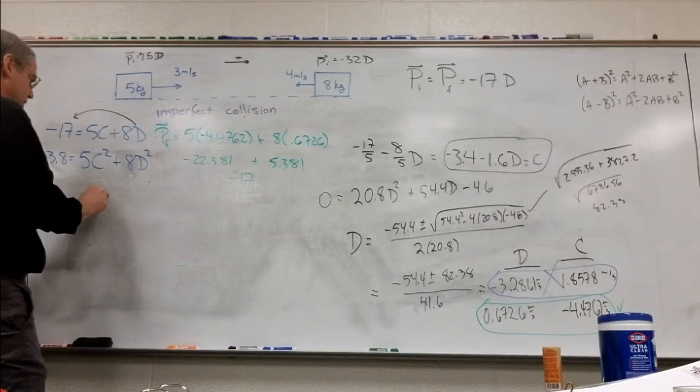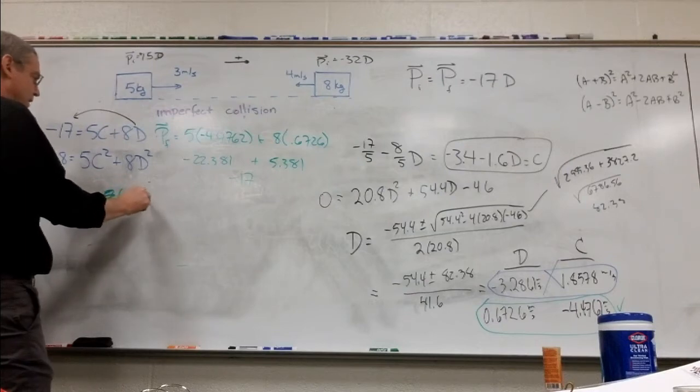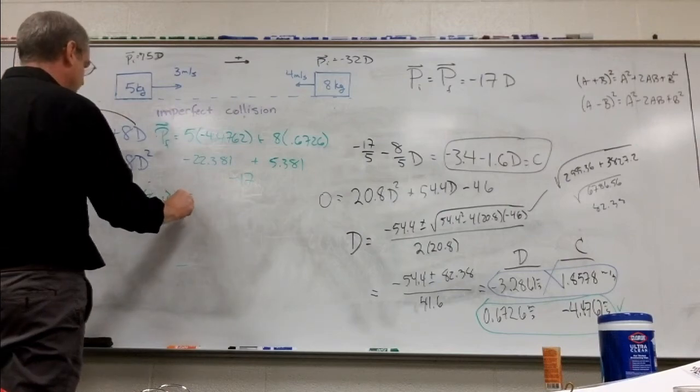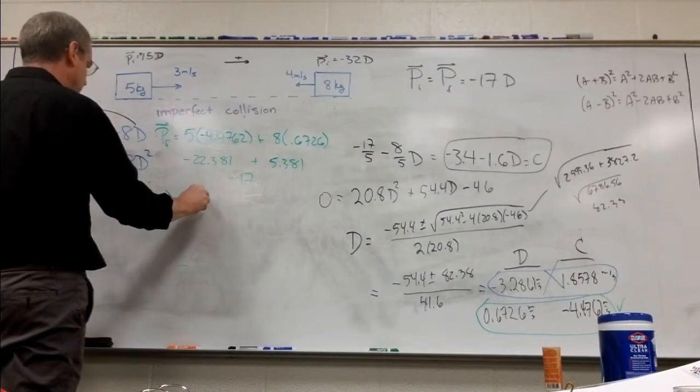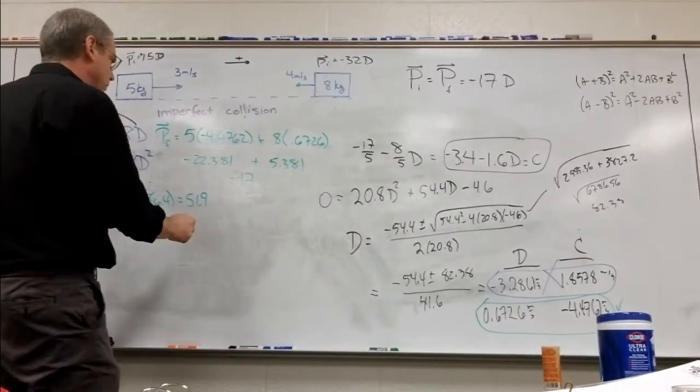So that was 0.6 times 86.4, which was 51.9. That is what I'm expecting after the collision.